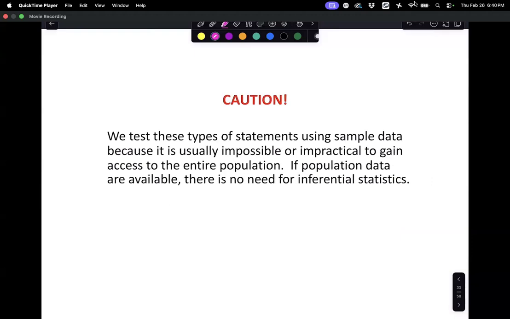All right. So we test these statements with sample data. It doesn't make sense to do hypothesis testing if we could actually poll the entire population, because we wouldn't have to do any guesses since we know everything.